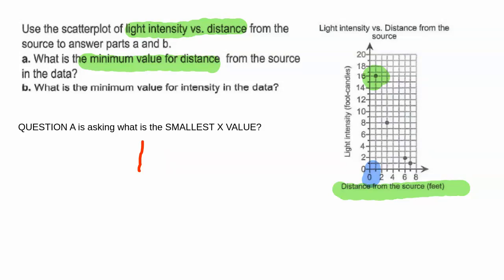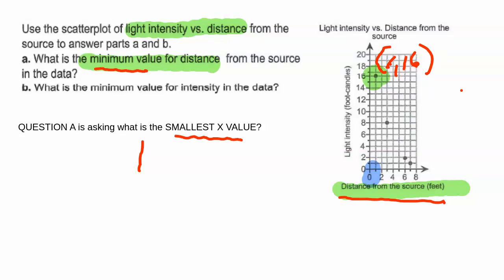Now, notice it's talking distance. Smallest x value. This is 1/16. The 1 is my smallest x value because as I look at my other 3 points, the x values are larger. But I want the minimum. Okay.